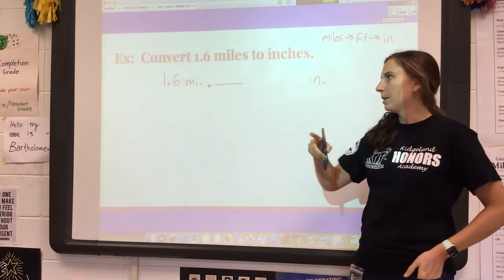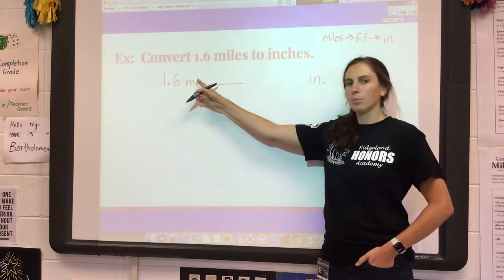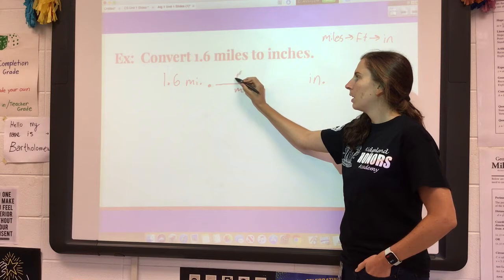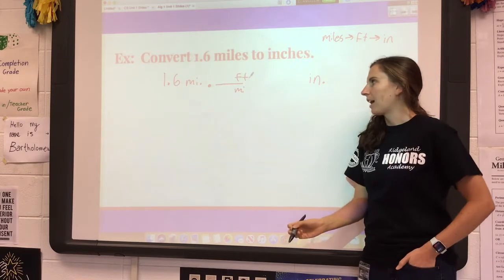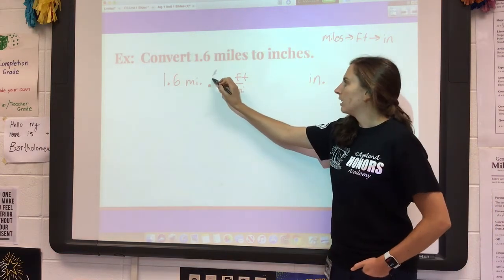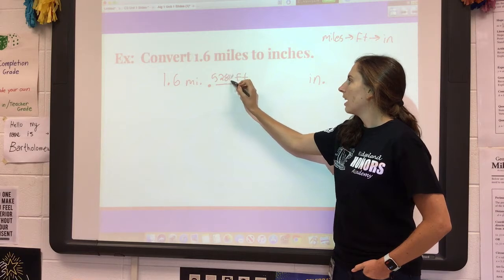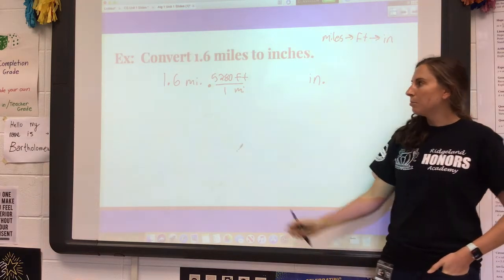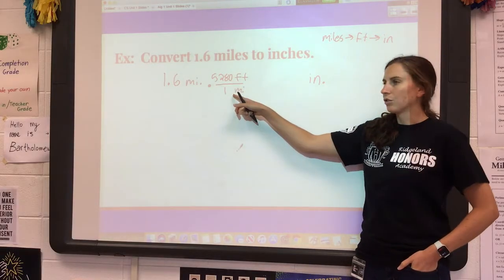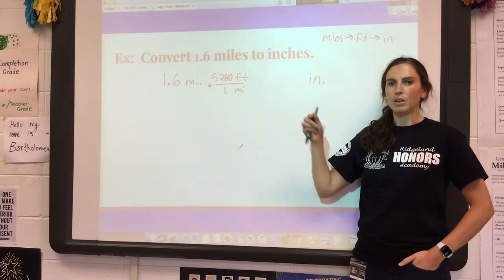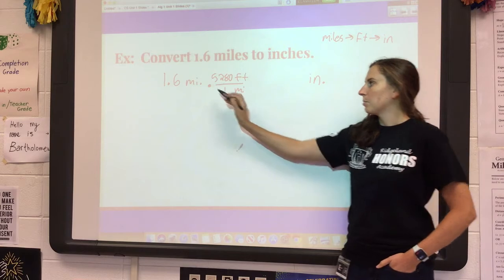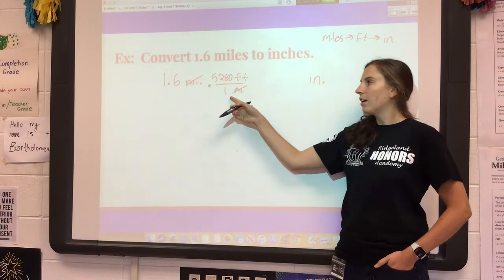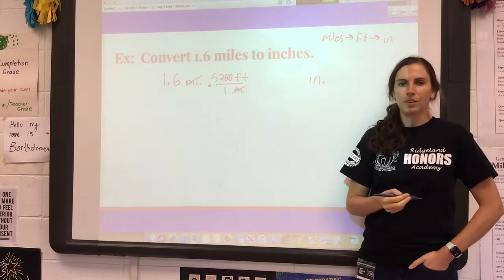And what you need to happen is, if miles is on top right here, I need to put miles on the bottom for my conversion factor, because there's 5,280 feet in 1 mile. What I'm going to do is multiply this amount by the conversion rate, and that'll turn it into feet. And the reason this works is because miles is on top and on the bottom, canceling each other out, leaving me in just feet.